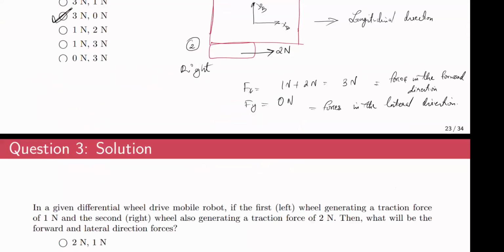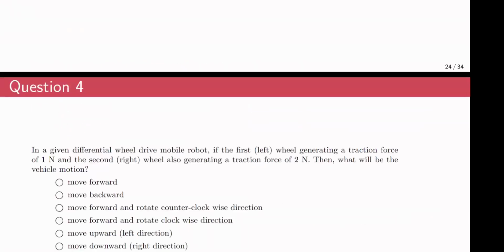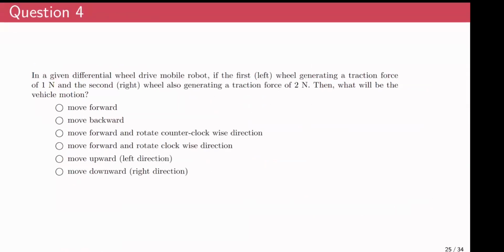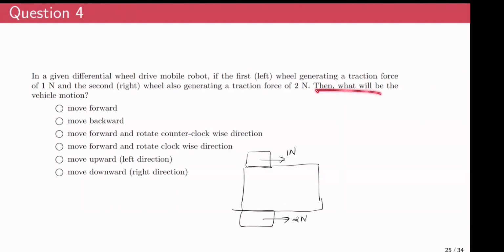If there are any doubts, please feel free to interrupt me and let me know if further clarifications are required. So again, a similar question for a differential wheel mobile robot. If the left wheel is generating a traction force of 1 Newton and the second wheel is generating a traction force of 2 Newtons, then what will be the vehicle's motion?